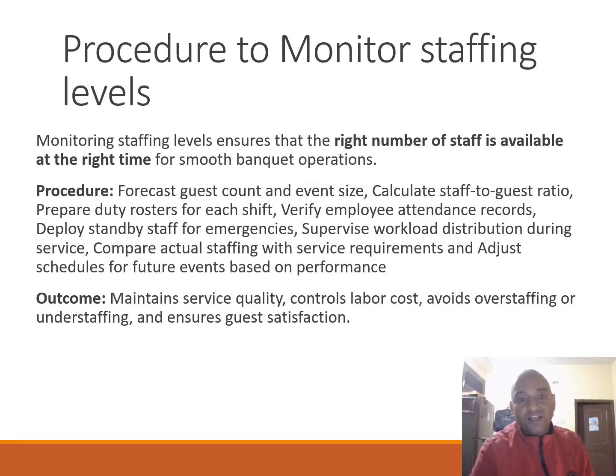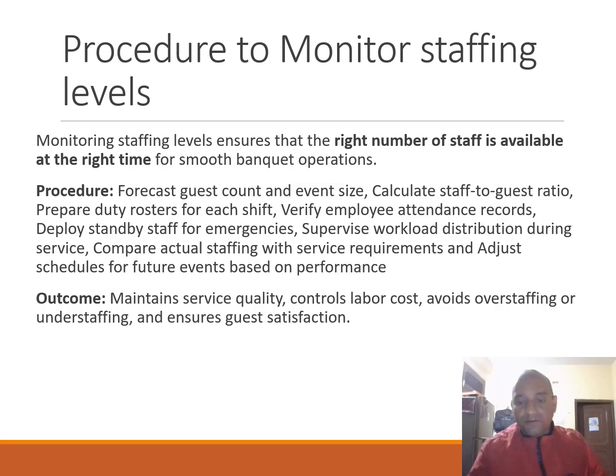Procedures: forecast guest count and event size, calculate staff to guest ratio, prepare duty rosters for each shift, verify employee attendance records, deploy standby staff for emergencies, supervise workload distribution during service, compare actual staffing with service requirements, and adjust schedules for future events based on performance. The outcomes are: maintain service quality, control labor costs, avoid overstaffing or understaffing, and ensure guest satisfaction.